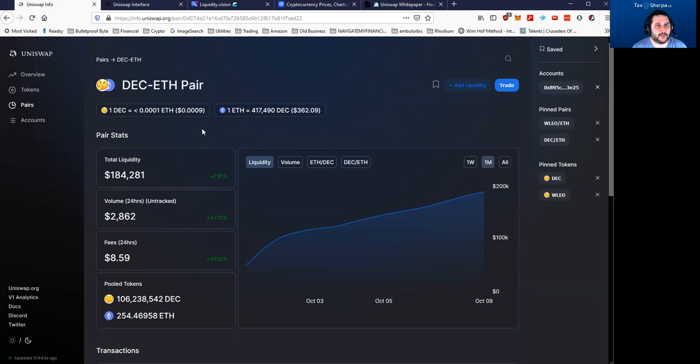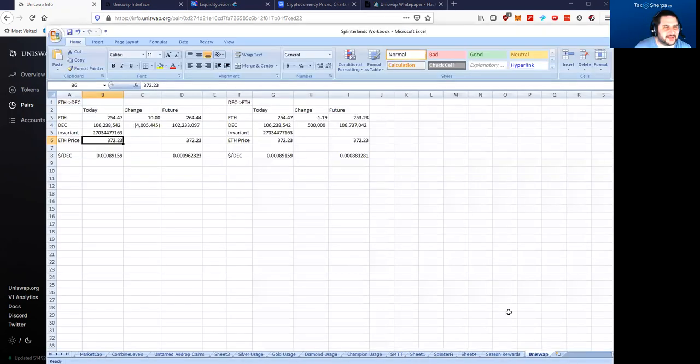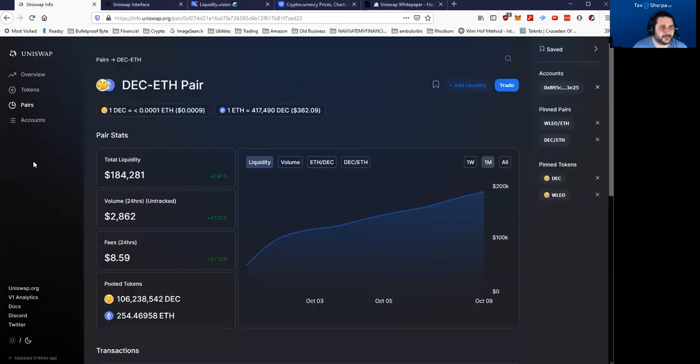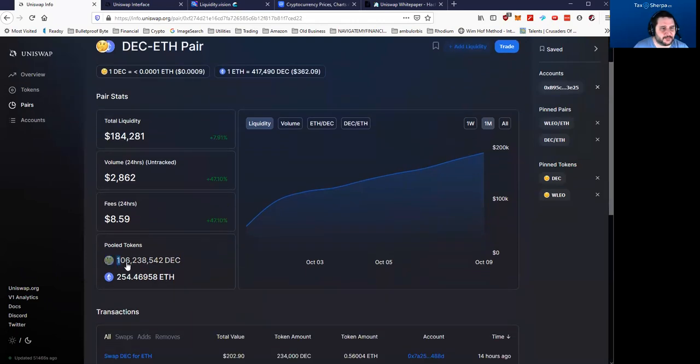So how does the price change is the next question. I have a spreadsheet for that, as Rondon likes to say. So basically, it depends. The mechanics of the trades are fairly simple, actually. The way Uniswap is set up is whatever is in the pool is defined as equal.